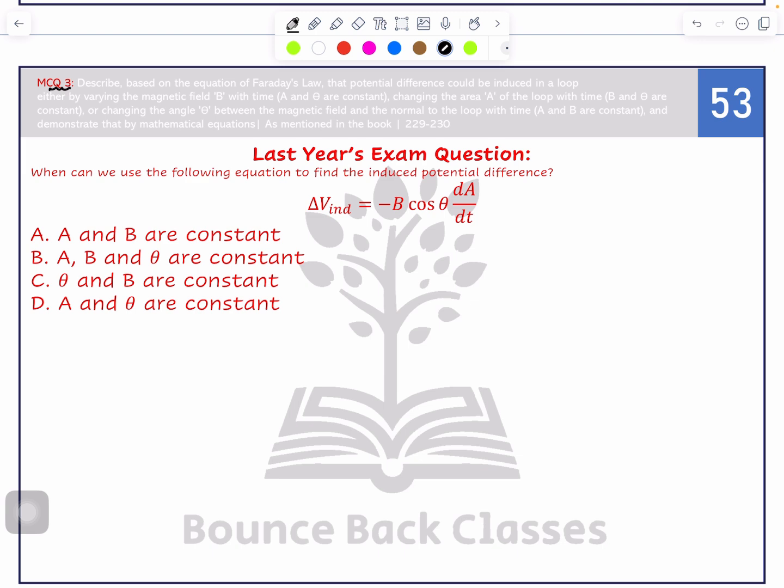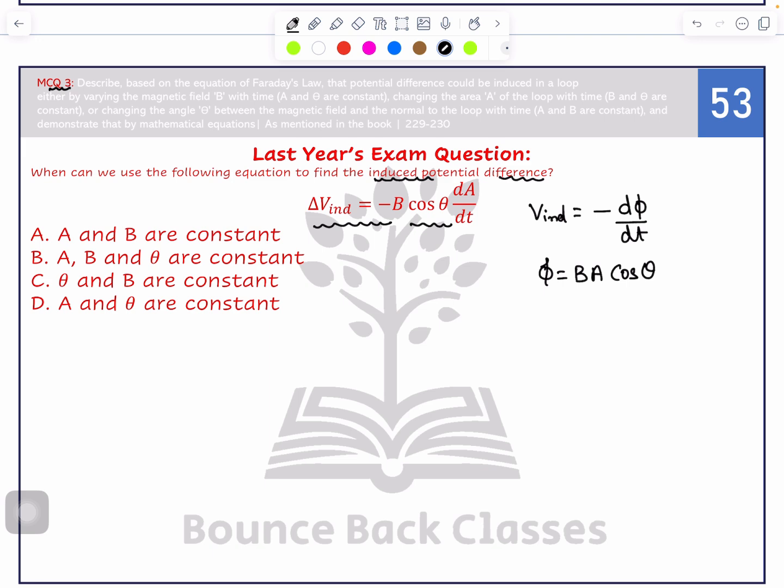As per this question, when can we use the following equation to find the induced potential difference? V induced is, as we know, negative d phi over dt, and flux is B A cosine theta.